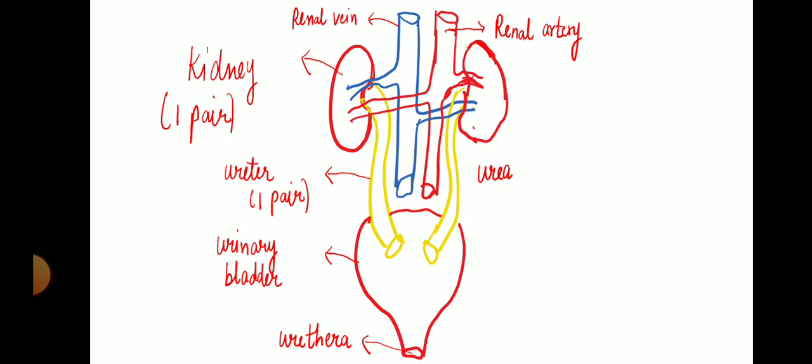This blood is free of nitrogenous waste. So kidneys have to filter the blood, and this process is known as purification or removal of nitrogenous waste.